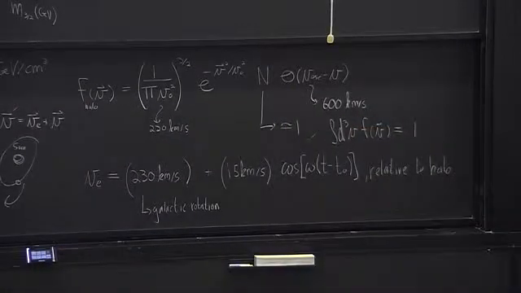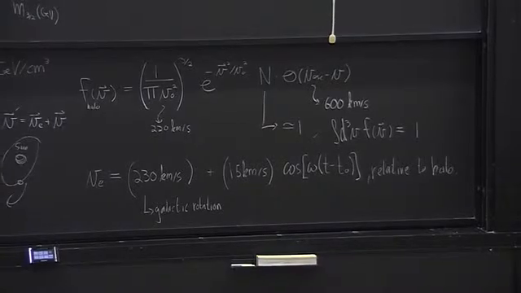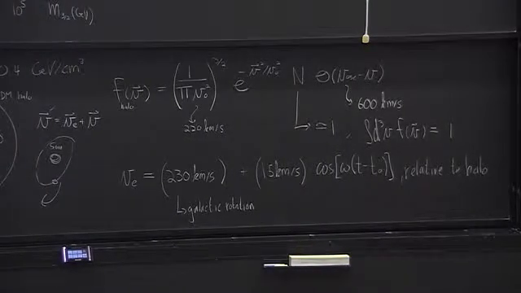We can write down the scattering rate for dark matter. We can write down the rate for dark matter to scatter off targets in our detector.